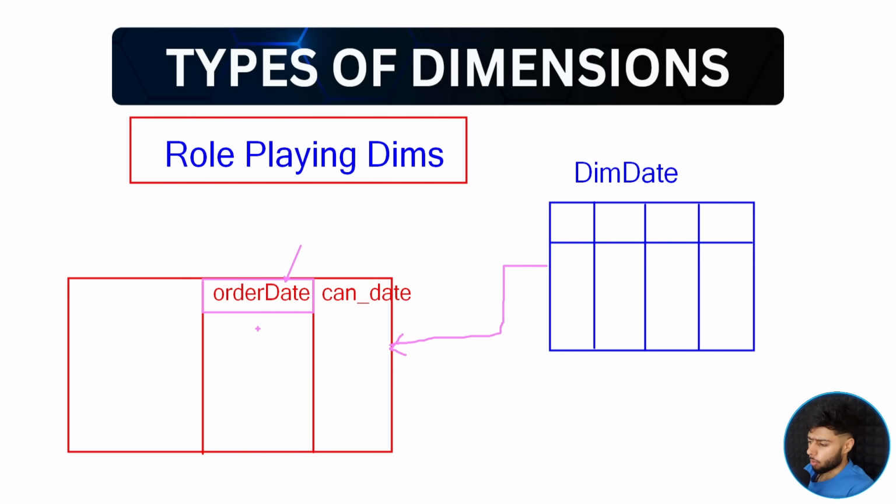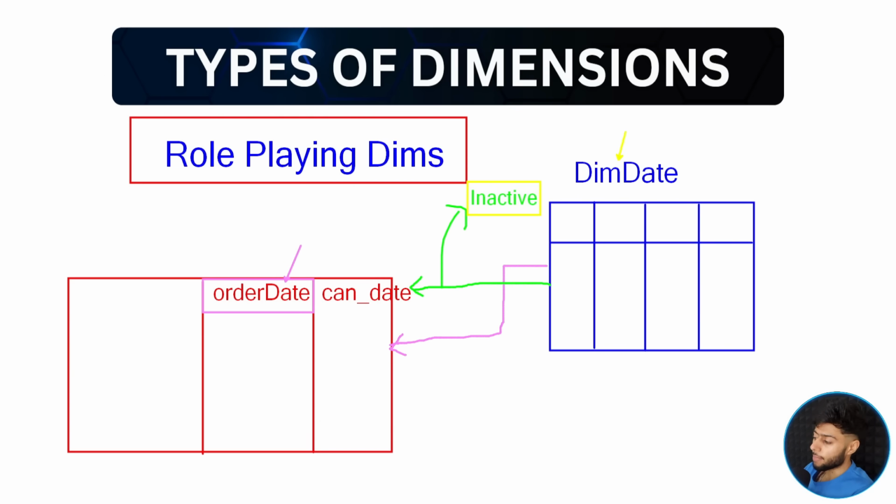Now at the same time, it can play another role as well. Let's say this cancel date, this one, is also connected to this dimension, but this is not an active relationship. This is an inactive relationship.